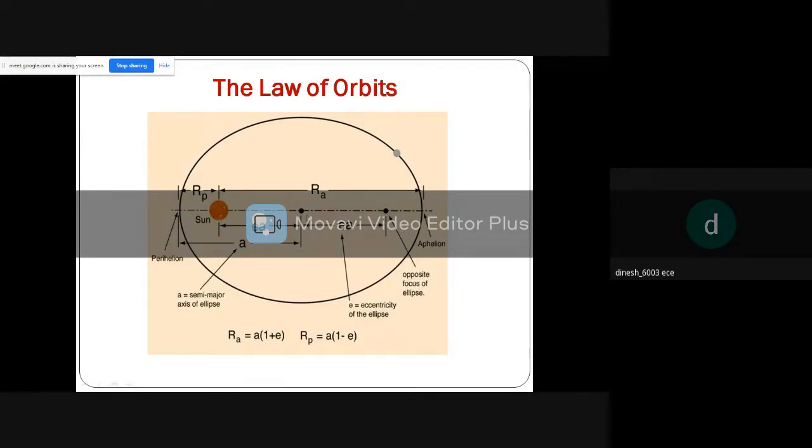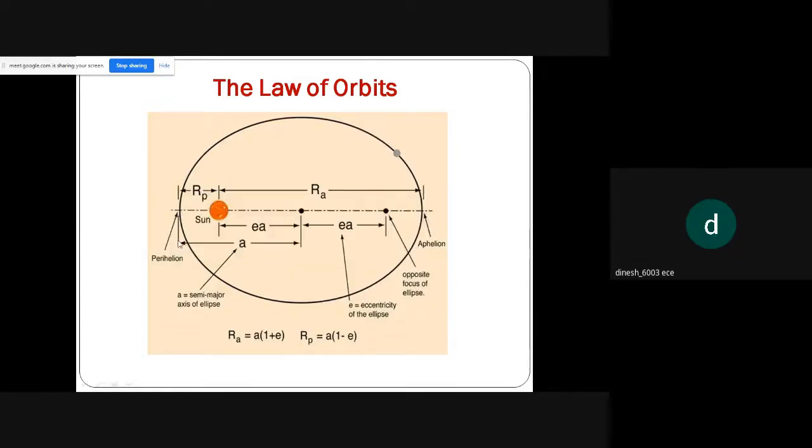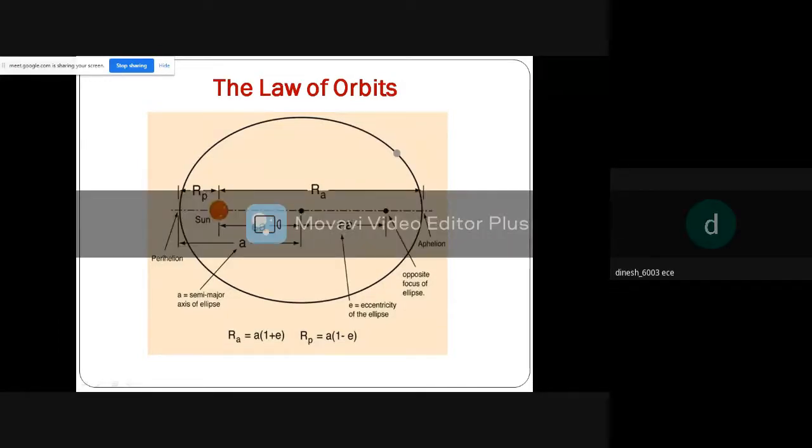The center I am marking as a point with a dot. From the external point of the ellipse, or the edges of the ellipse, to the center is what I define as the semi-major axis of the ellipse.